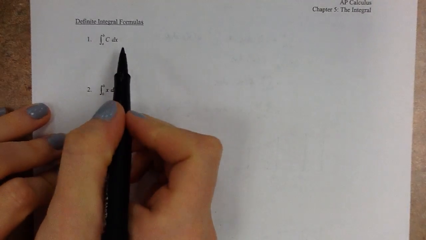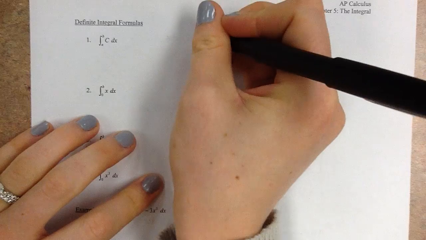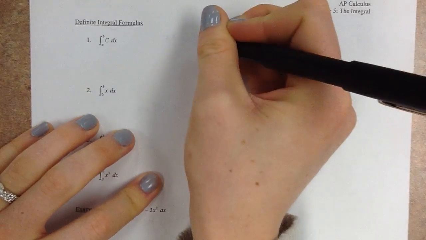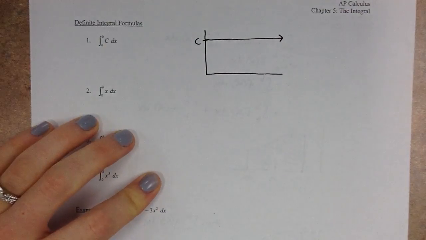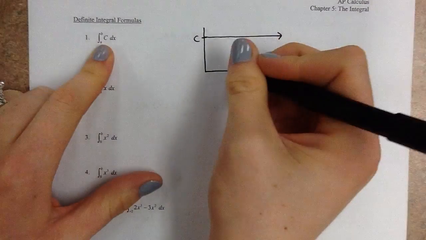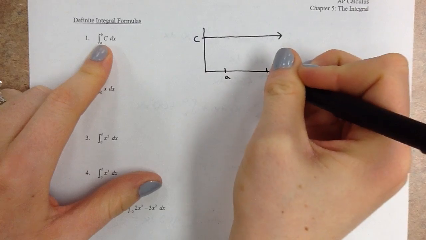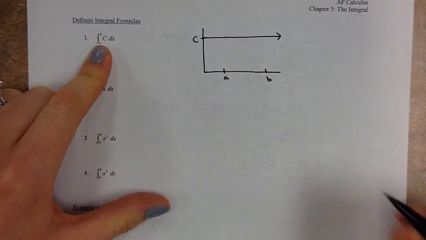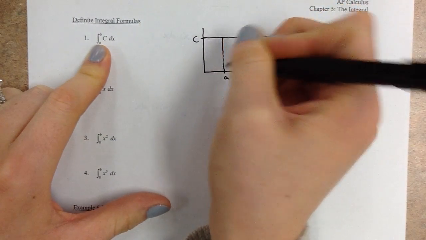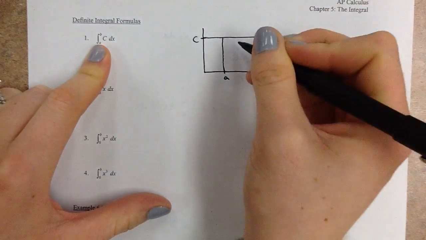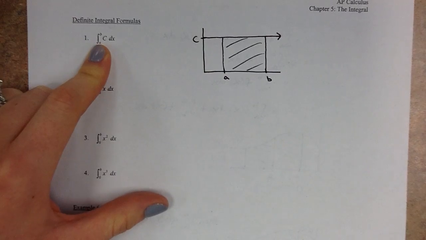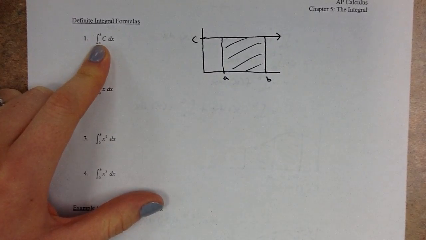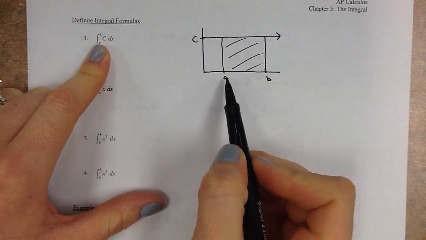The integral of c, we're going to start this off with a picture. So c, remember, is just a constant. So if we've got a function c, just a horizontal line right here, and if we want the definite integral from a to b, remember that means we want the area under the curve. So we saw something like this a couple classes ago. We want this area right here, which as it turns out is just the area of a rectangle. Okay, so the area of a rectangle, it's got a width of b minus a.